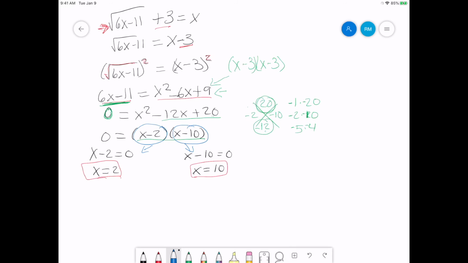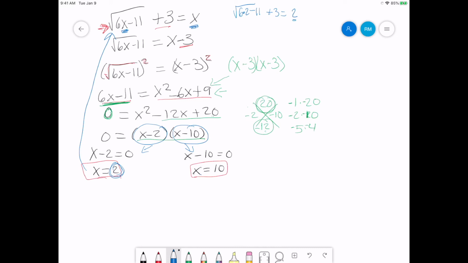So I'm tempted to check that box that says the student's work is correct, but I need to check if both of these answers are solutions for this original problem. So what I'm going to do is plug 2 in to this equation everywhere that there's an x. So I'm going to say the square root of 6 times 2 minus 11 plus 3 equals 2.